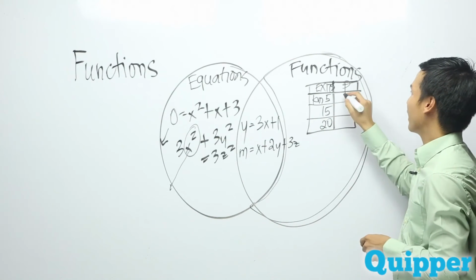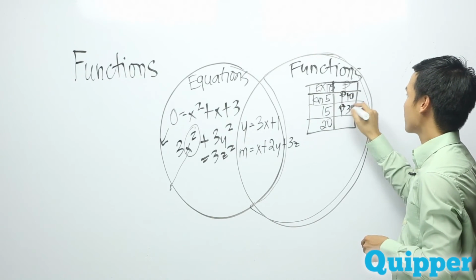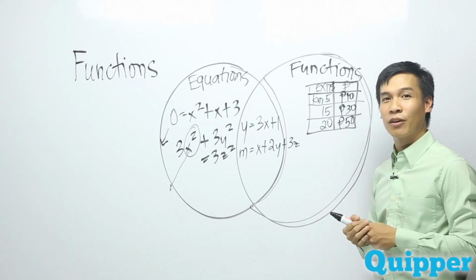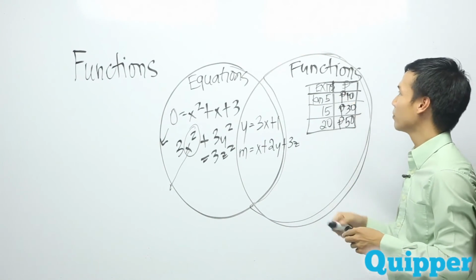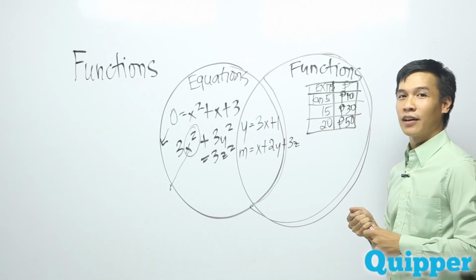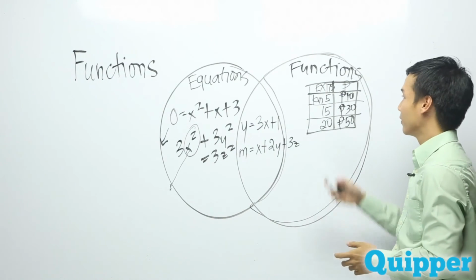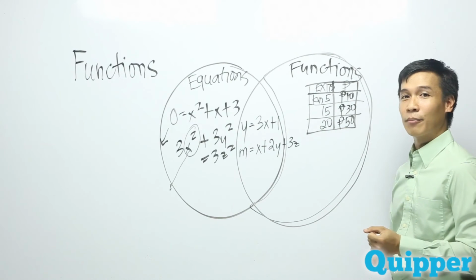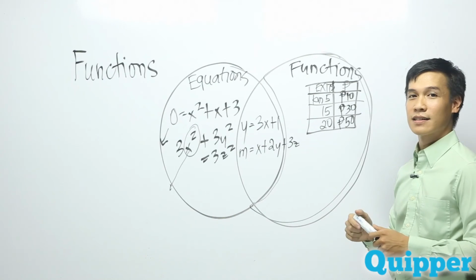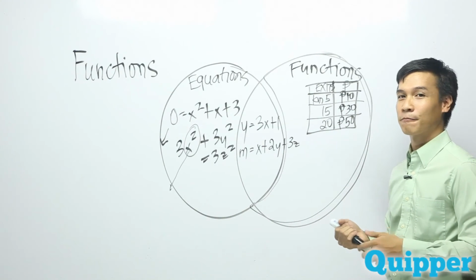You will have corresponding rates. For example, 10 pesos, 30 pesos, and 50 pesos. This is a fairly simple function, which means your input is your exit and your output is your price. If the person wants to know the price for kilometer 15, he will just refer to the table and look for 15 and match it with the corresponding price. So we know that for kilometer 15, it's 30 pesos.